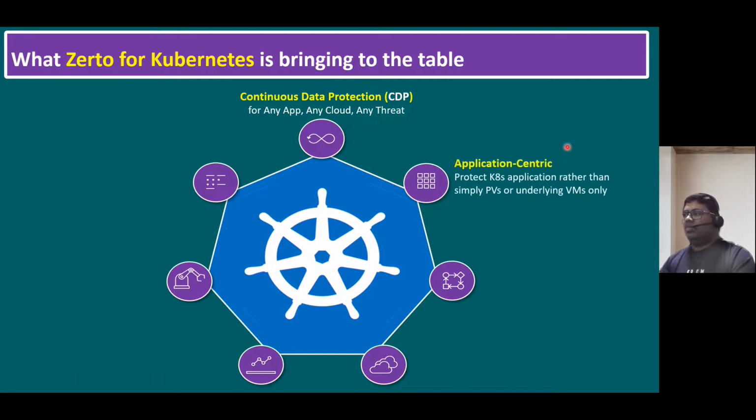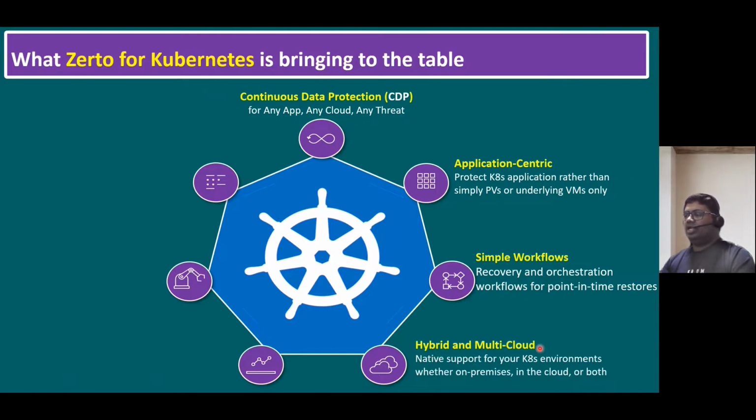Then application centric protection: protect the Kubernetes application rather than simply the PVs, the persistent volumes, or underlying virtual machines only. Apart from this, the product supports Kubernetes applications as well. Another one is simple workflows: recovery and orchestration workflows for point in time restorations. Using Zerto for Kubernetes, RPO is in seconds and RTO is in minutes.